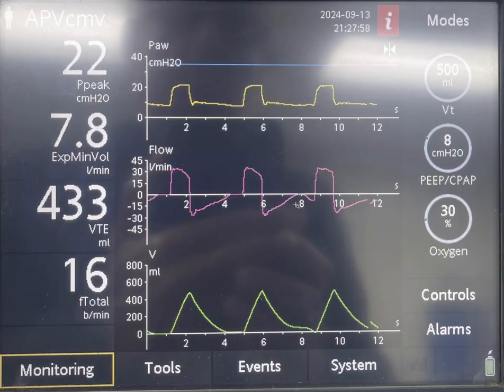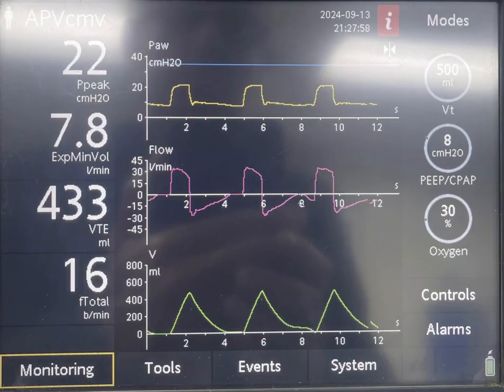So he stopped inhalation, or goes back to the passive state of the lung, which is expiration, and then he continues to exhale the remaining part of the air. You can see here the flow goes up again, but it is expiratory, around 10 liters per minute, and he continues exhalation. The volume continues to go down.